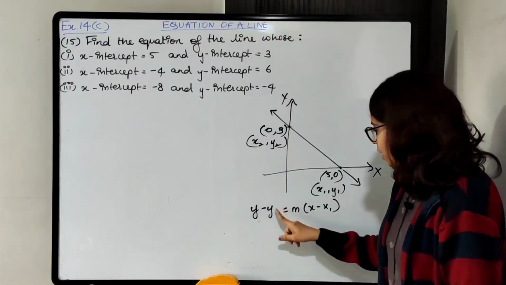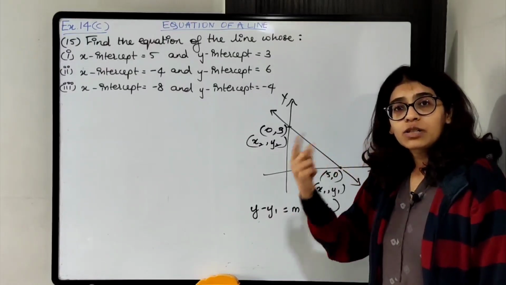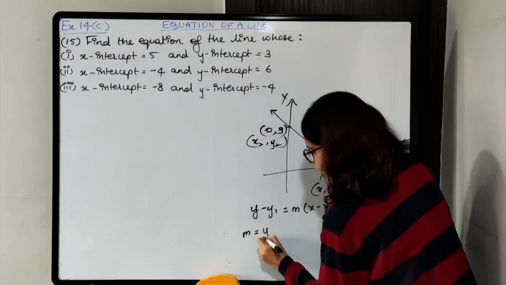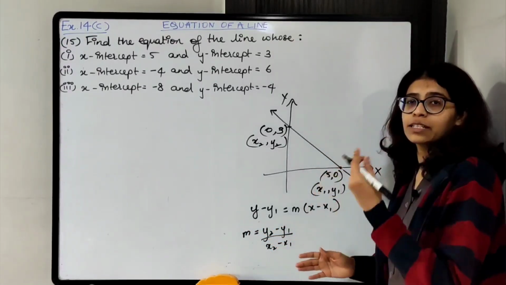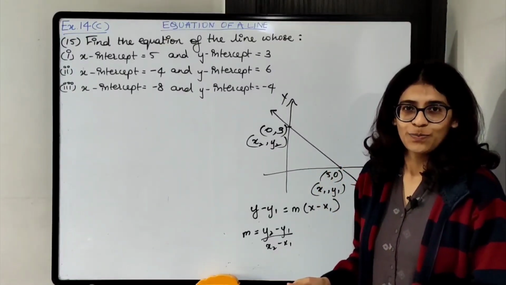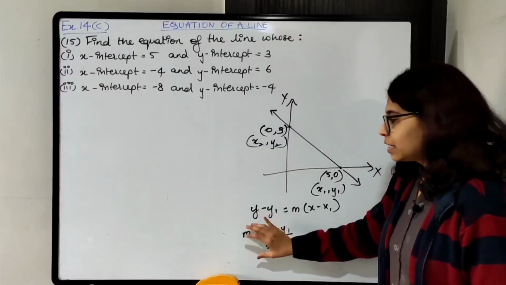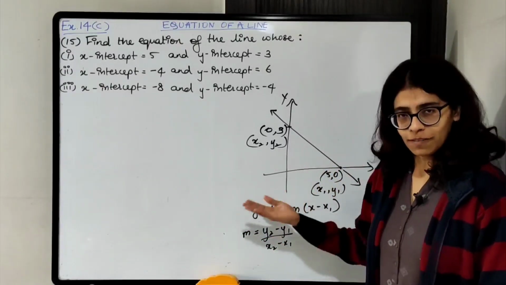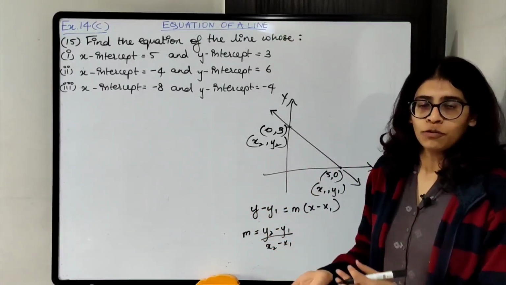Now x1 y1 is easy, m you need, so you need to find out the slope. Slope is again easy, it is y2 minus y1 upon x2 minus x1 or y1 minus y2 upon x1 minus x2. So first we'll find out slope. Then put the values of m and x1 y1 and find out the equation. Solve and simplify and then find out the equation of the line.